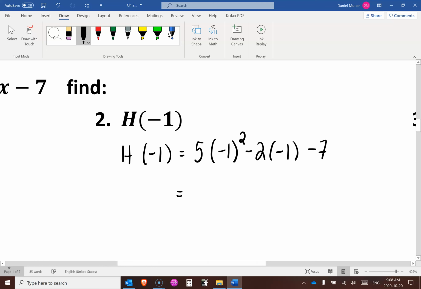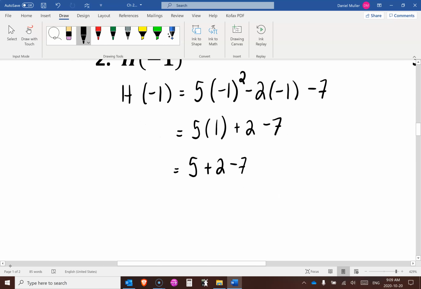Okay, so negative 1 squared is just 1, so this is really just 5 times 1. Negative 2 times negative 1 is a positive 2, minus 7. 5 times 1 is 5, plus the 2, minus the 7. Now 5 plus 2 is 7. 7 minus 7 is 0. So when I have an input of negative 1, I get an output of 0.